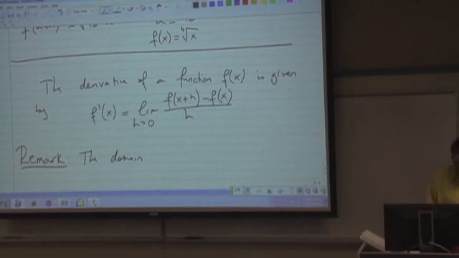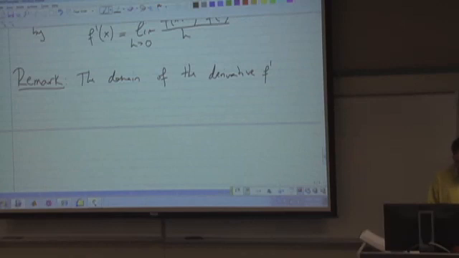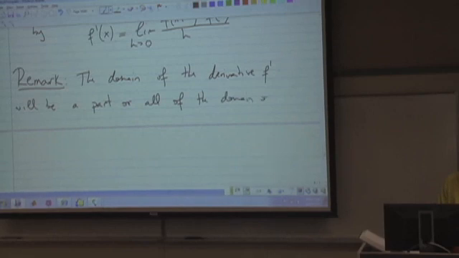So the domain of the derivative f prime will be a part or all of the domain of f.